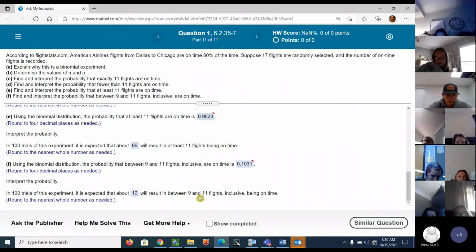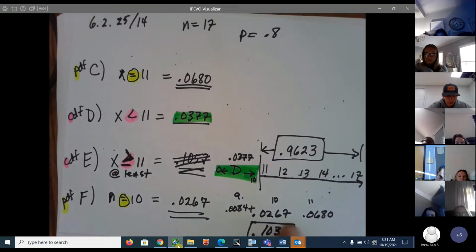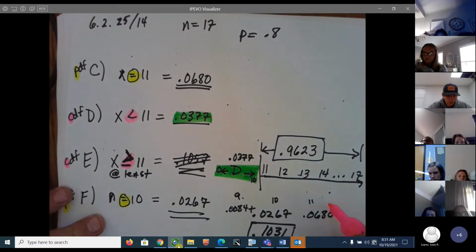It does not include 9 and 11. I don't agree with that. I don't agree with that at all. But that's what they did. They included 9 and 11. I don't agree with that. Right here. This is what they did. I'm going to circle it in pink because I don't agree with it.